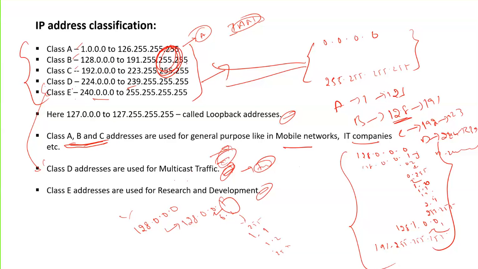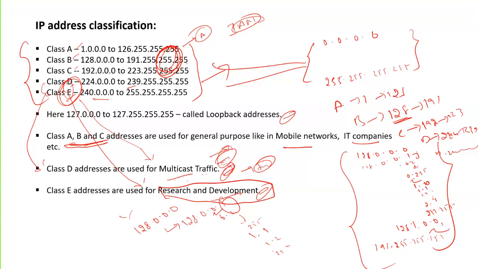D and E are used for different purposes. Class D is used for multicast traffic, and class E is used for research and development. If any research and development companies are there, for them class E will be assigned. Class D is for multicast traffic. So this is about IP address classification.